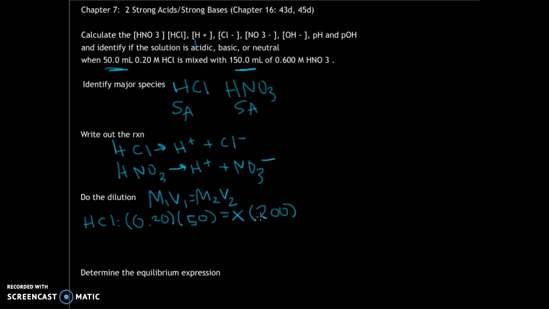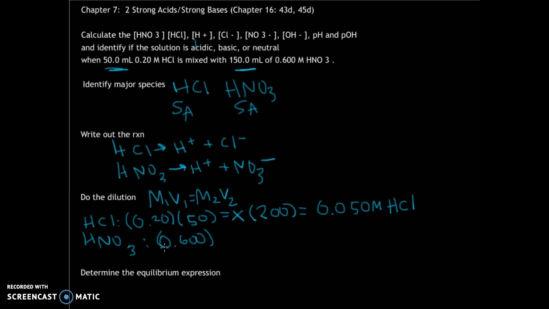Okay, so you divide both sides by 200, and I put it in my calculator, and I've got the molarity to be 0.050 molar HCl. Okay? All right, now you need to do this again, but you do it for HNO3. So let's see, the molarity of HNO3 was 0.6.